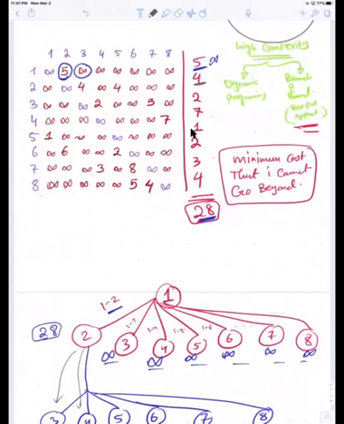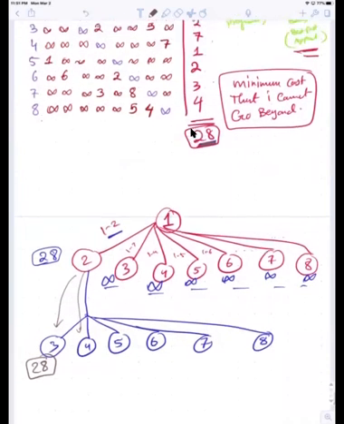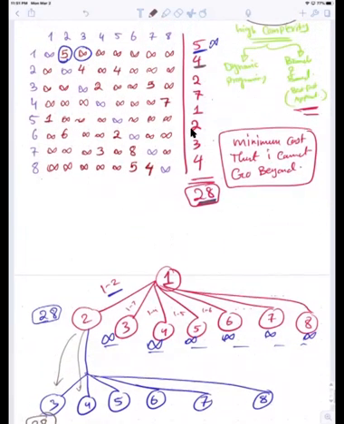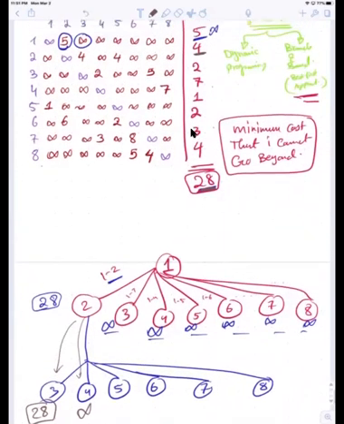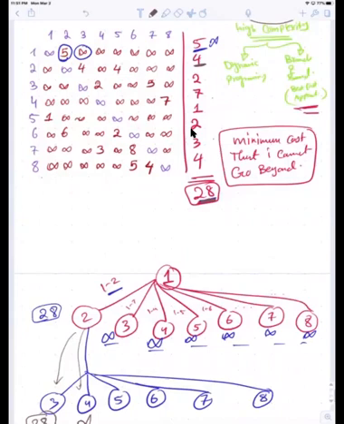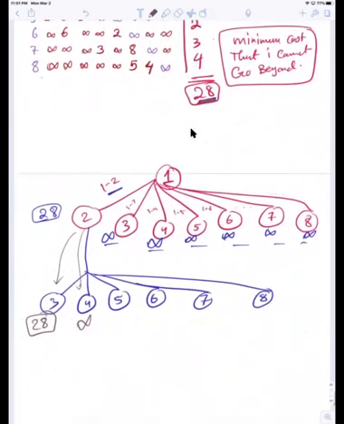That means that till now I'm having 28 as my path. From 2 to 4 is infinity. That means this one is infinity. 2 to 5 is already 4 as well. That means I will be having 28.